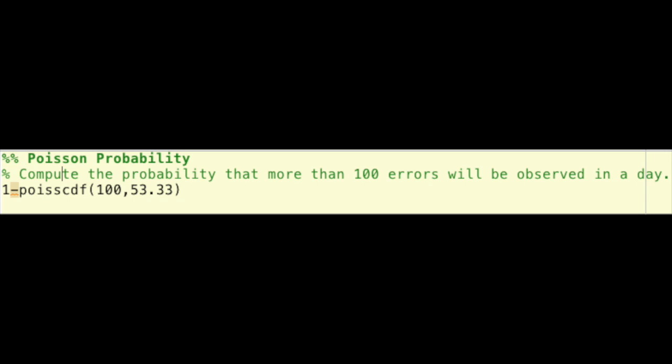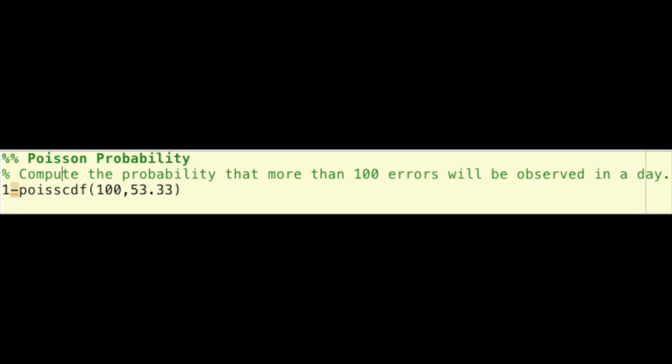So in this example, we are computing the probability that we would see 100 or more preferred outcomes observed in an interval, in this case a day, when we only expect, on average, there to be 53.33 outcomes during that time period.